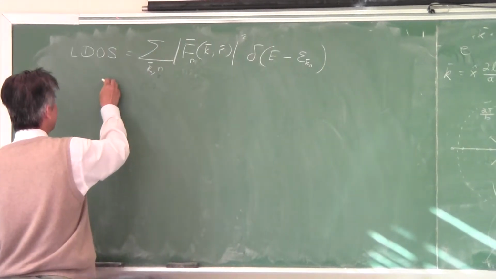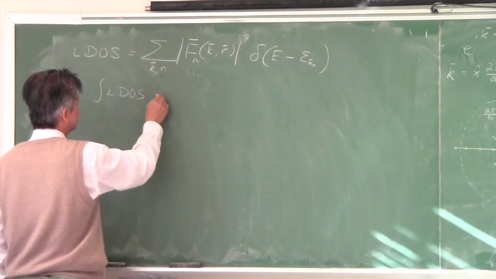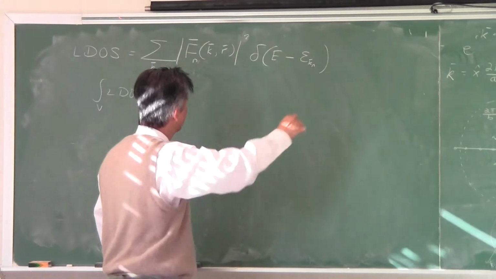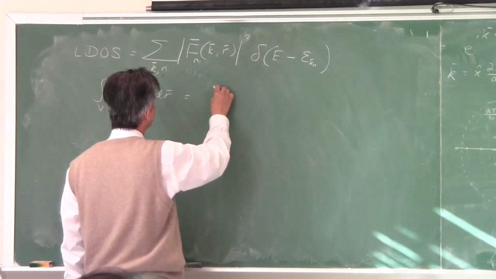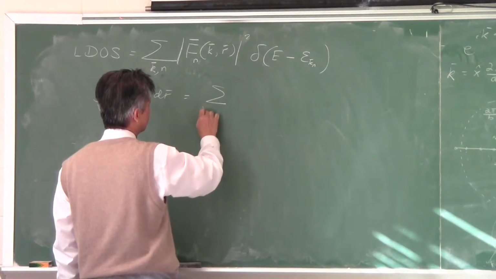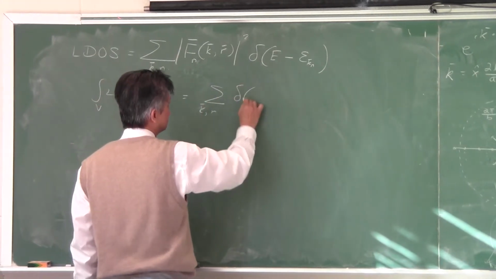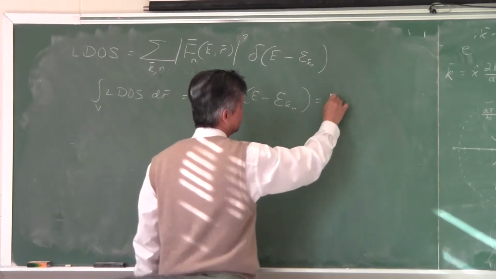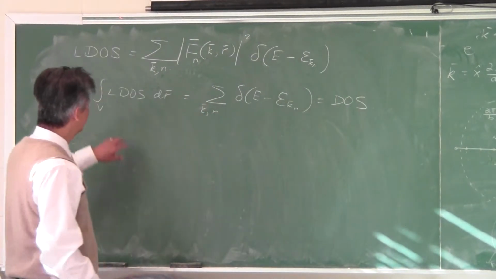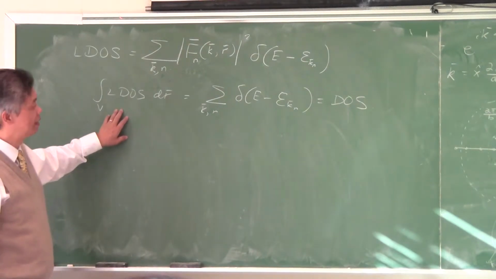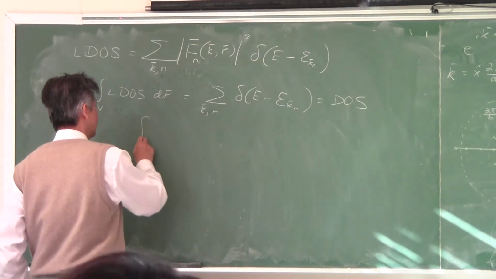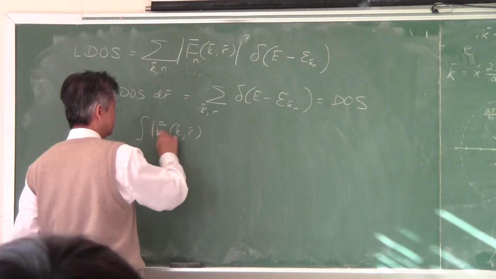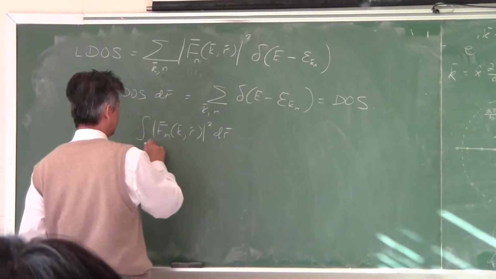If you integrate the local density of states over the periodic volume where it is defined, this will give back the sum over delta E minus E k n, which is equal to DOS. So if you integrate this over space, you remove its spatial dependence, because we normalize the modes such that this always integrates to 1.